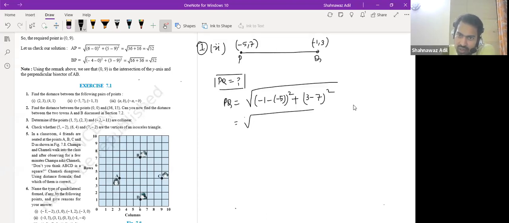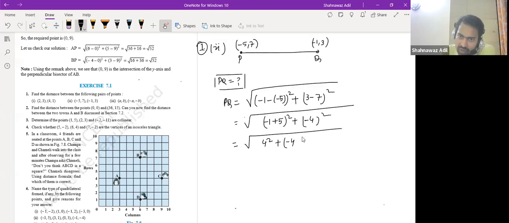So this is minus 1 plus 5 squared. This is minus of 4 squared. So this is 4 squared plus minus 4 squared. So this is 16 plus 16. So root 32, which is what? Which is 4 root 2.